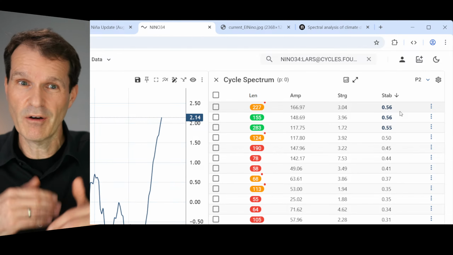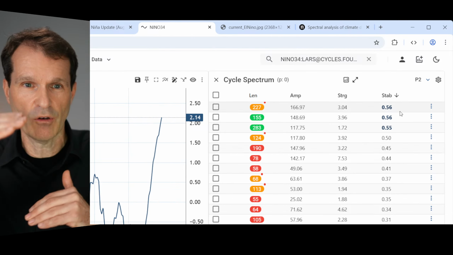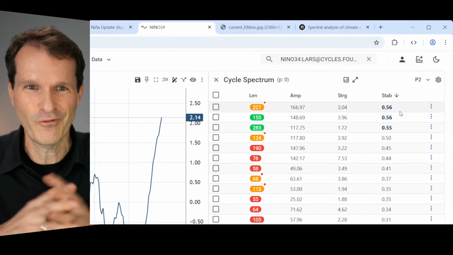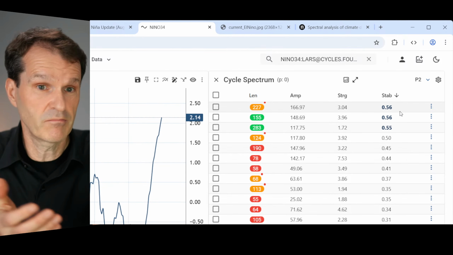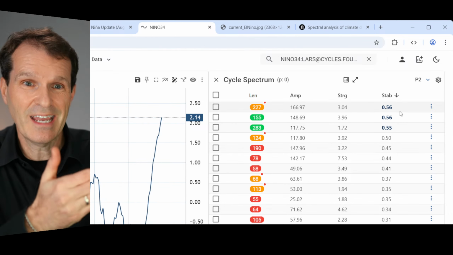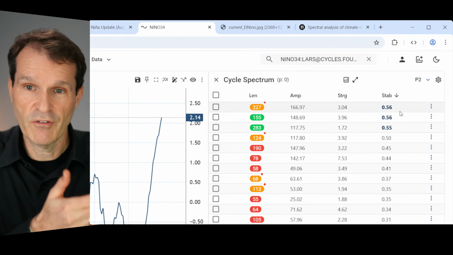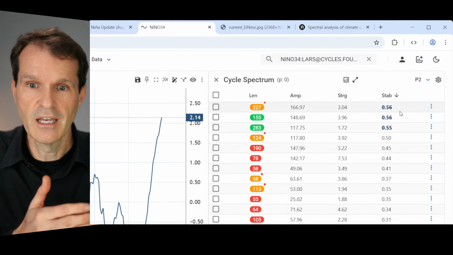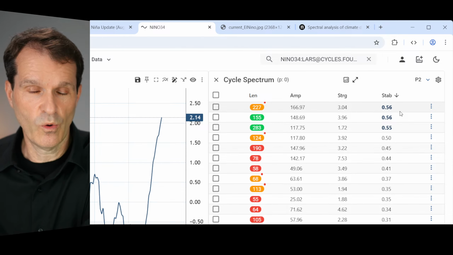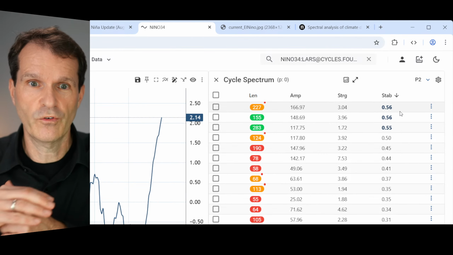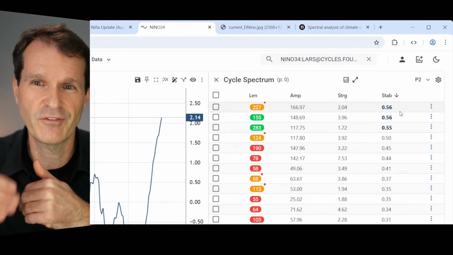It very often changes the length, phase, or amplitude, or a combination of all three aspects, which still makes it valid to detect it after the fact. But if you have that high variability, it makes it more or less useless to do any projection. So you should always look for cycles with a stability above 0.5.